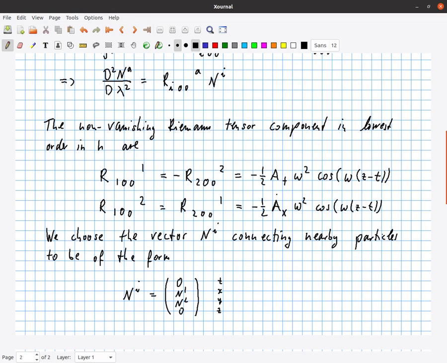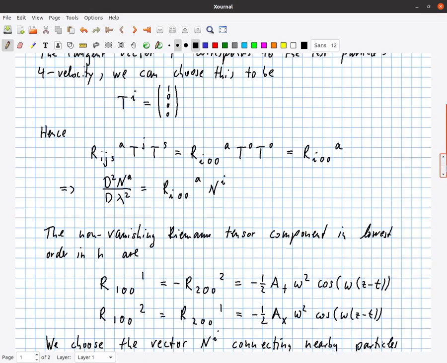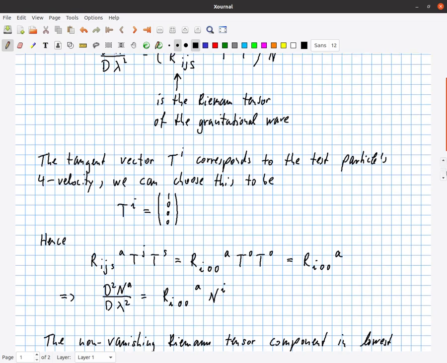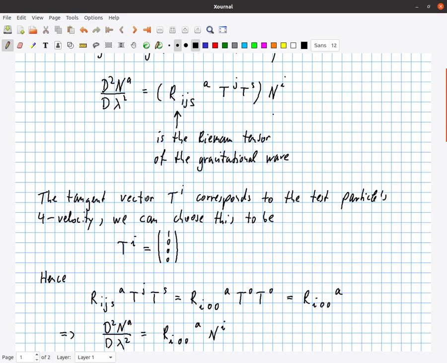These are the amplitudes, which are assumed to be small. We already settled on this tangent vector for a particle initially at rest, and any deviation from this is a higher order contribution anyway, which means all we have to do now is write down the full geodesic deviation equations here.